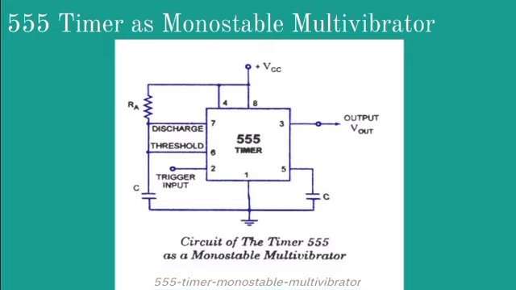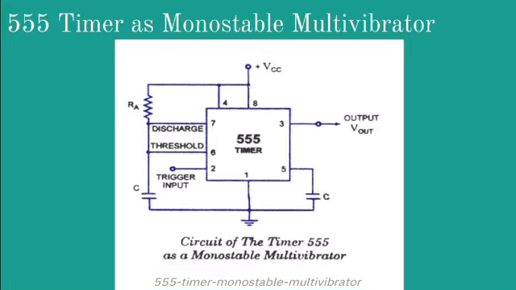So coming to the operation, when the output pin 3 is low, that means the circuit is in the stable state. Okay, so the transistor is on and the capacitor C is shorted to the ground. So when a negative pulse is applied to pin 2, the trigger input falls below plus 1 by 3 VCC.